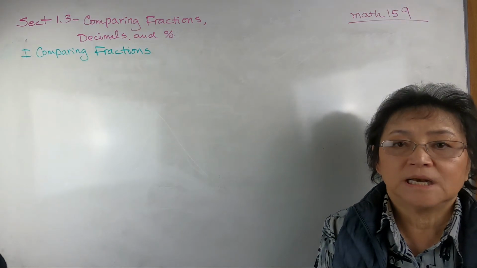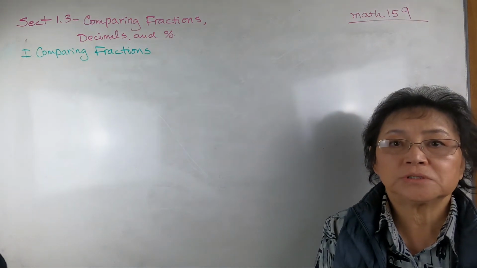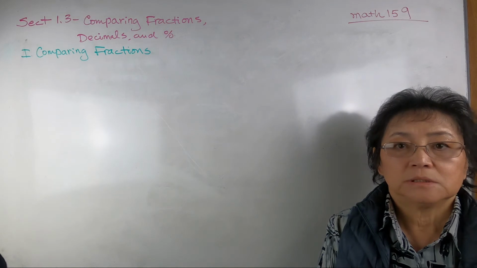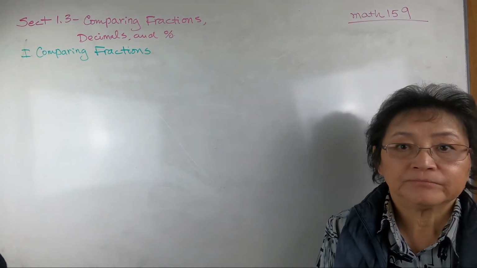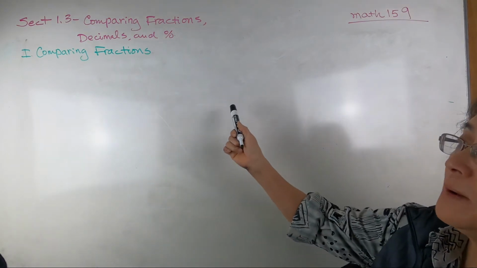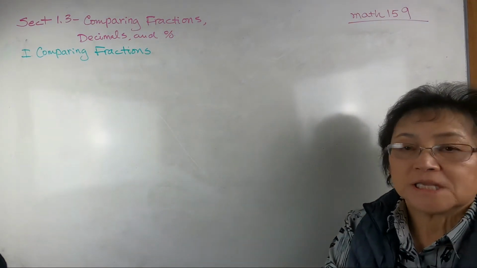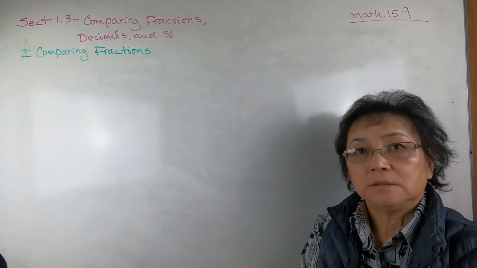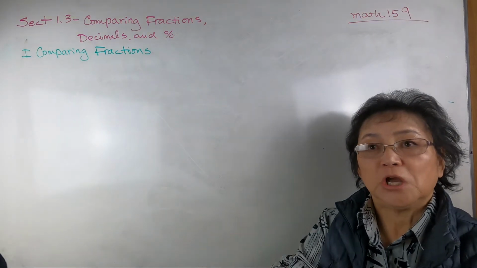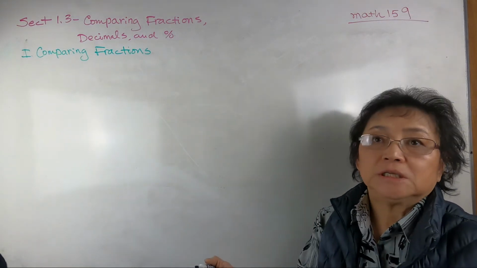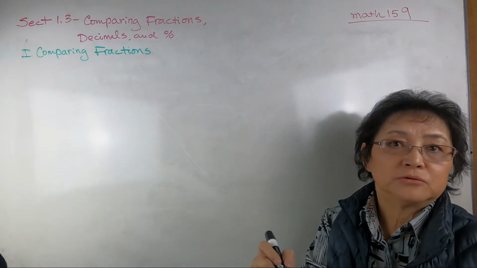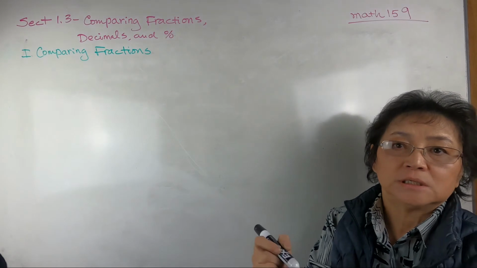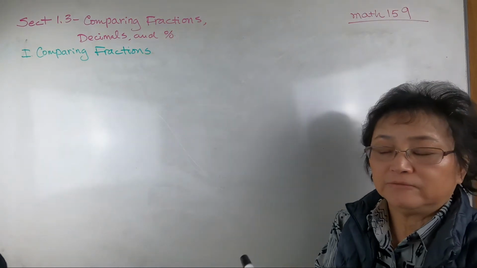So in stats class, you are going to use percentages, decimals, and fractions, right? Last section, 1.2, we said you can convert back and forth between those three things: percentages, decimals, and fractions.